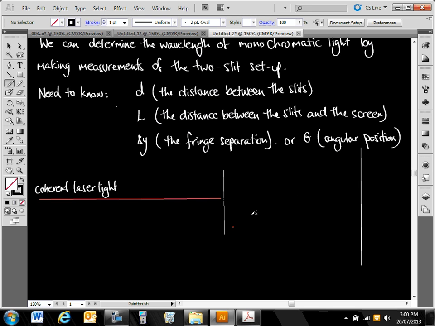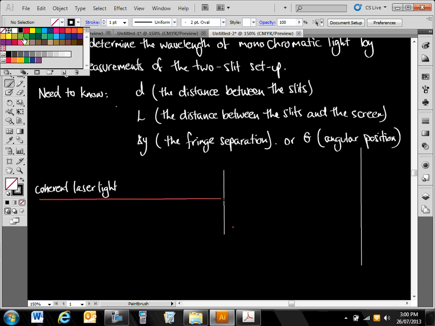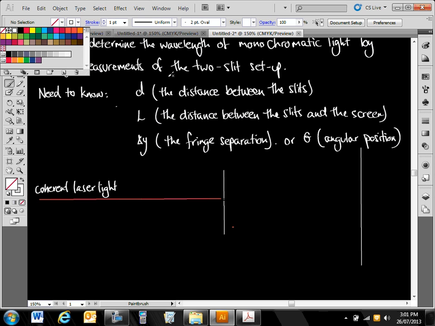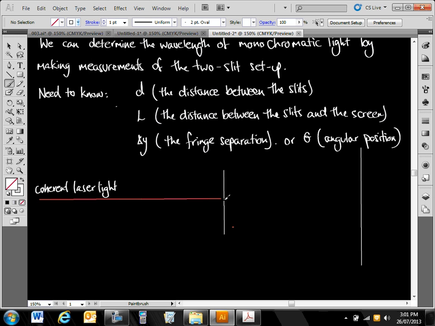What's going to happen is the laser light, the coherent light, goes through those two slits. All right. Happy?